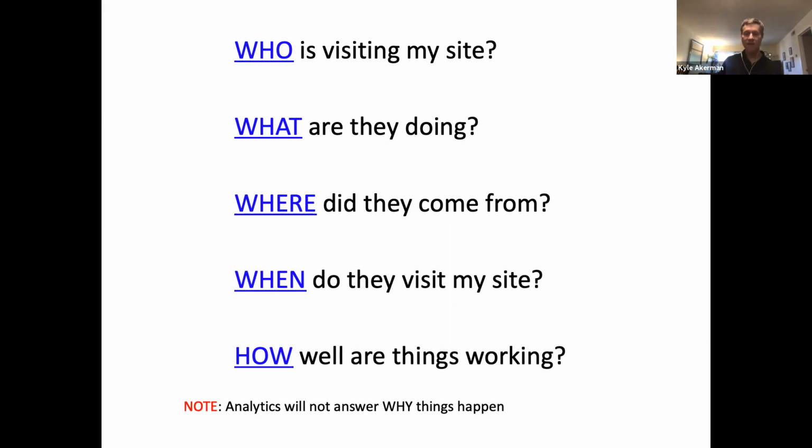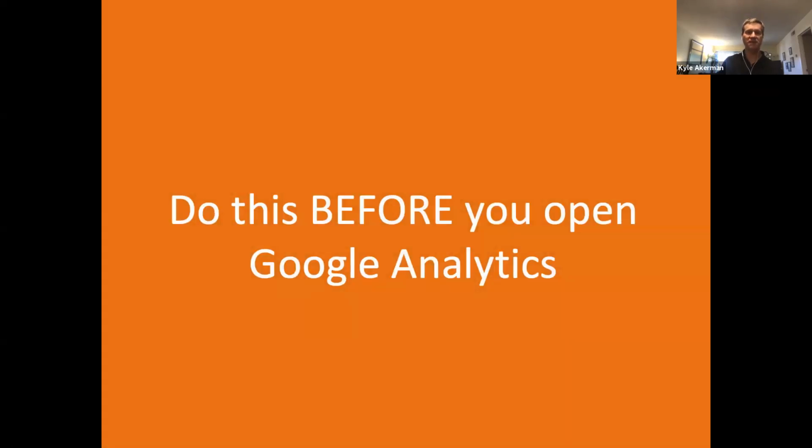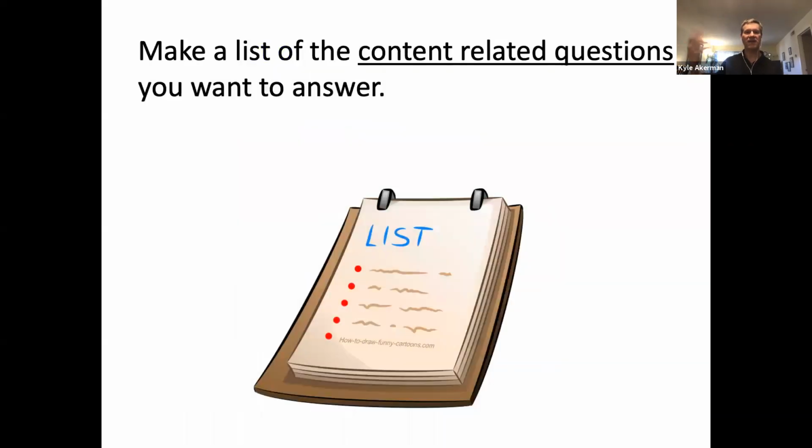So the one thing that I think will help you each time you go into analytics, before you ever even go into analytics, is make sure that you have a list. I want you to write out a list. You don't have to literally write it out, but maybe type it out. Just have it. Make a list of the content-related questions you want to answer.